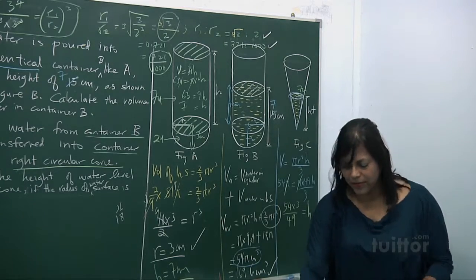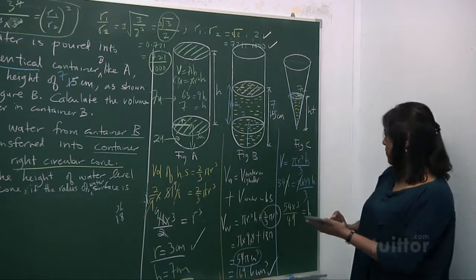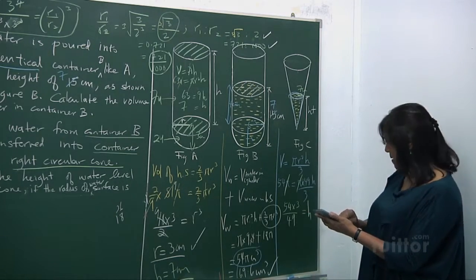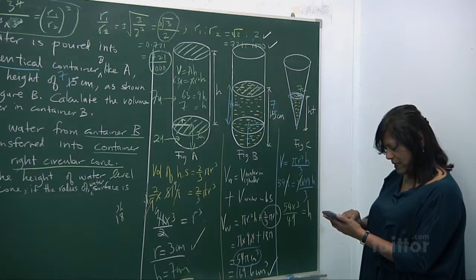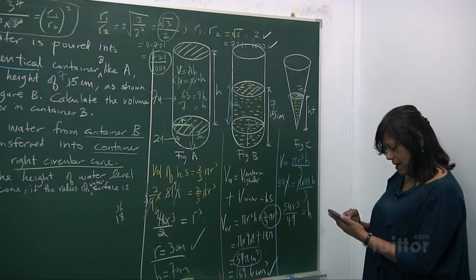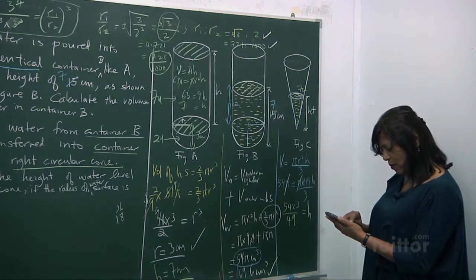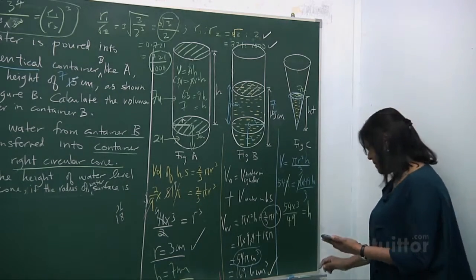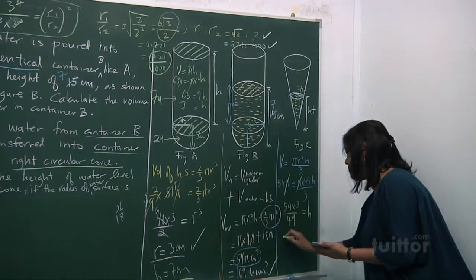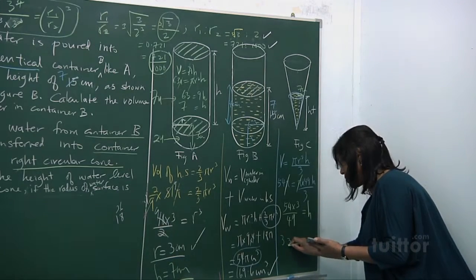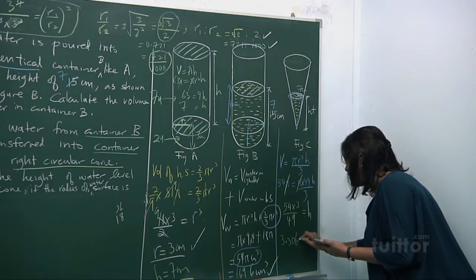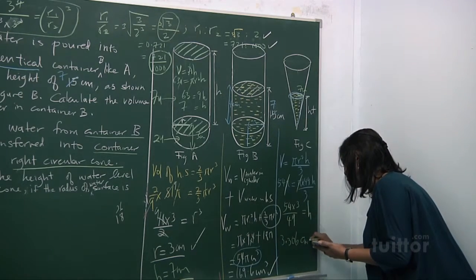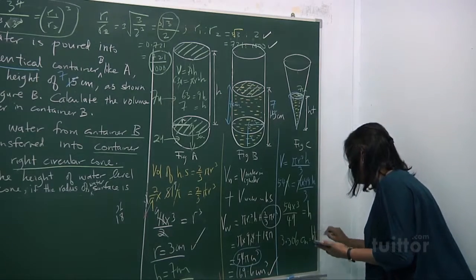So work that out. 54 times 3 divided by 49, and you get 162 over 49, and that means it's 3.306 cm. That's the height of the water level.